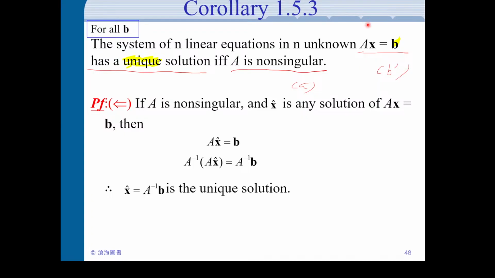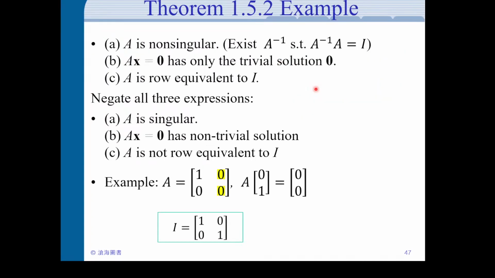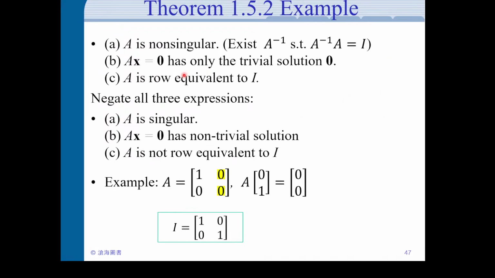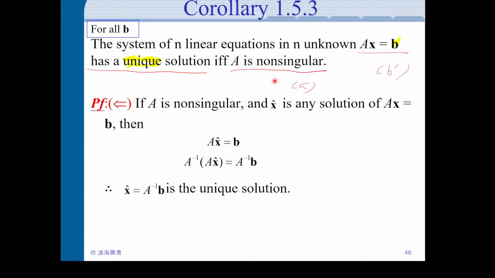Okay? So Ax equal to b has a unique solution if and only if A is non-singular. And this is related to theorem 1.5.2, because being non-singular is like a condition A, and Ax equal to b having a unique solution is very similar to Ax equal to 0 only having a trivial solution. And indeed we can use a bit of 1.5.2 to prove this theorem.